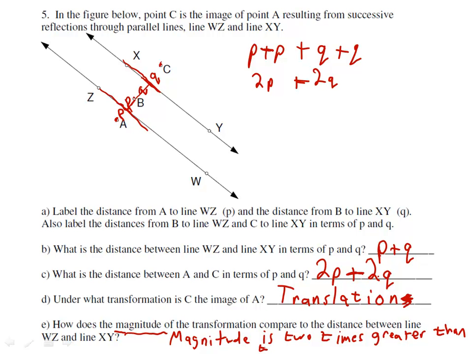And that is what happens all the time. That is a relationship that is always present. The magnitude of a translation is always 2 times the distance between the lines.